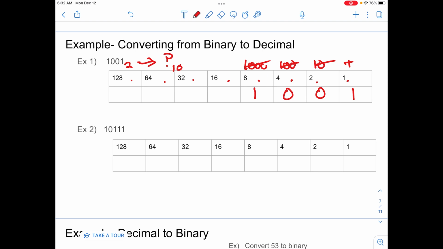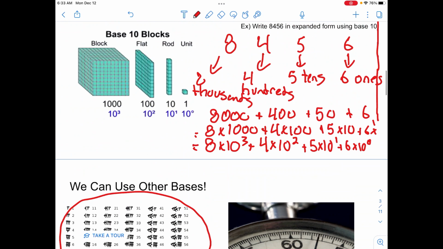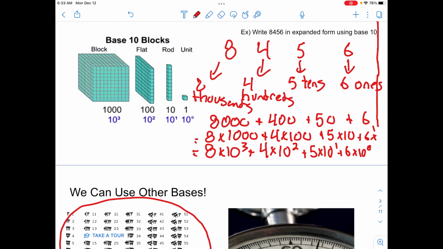So let's see what the value of this is in our base 10 number system. So this first one, what is its digit worth? Well, its place value is 8. And this 1 means that it's turned on. We're using that. So this is like 1 times that 8, or 2 to the exponent 3, right? Plus 0 times 4, plus our place value 0 times 2, plus 0 times 1. Notice this is similar to what we did when we broke apart this base 10 number, right? 8 times 1,000.